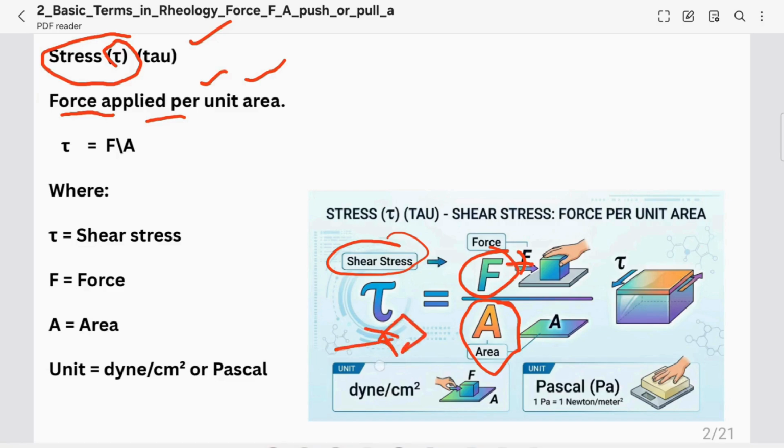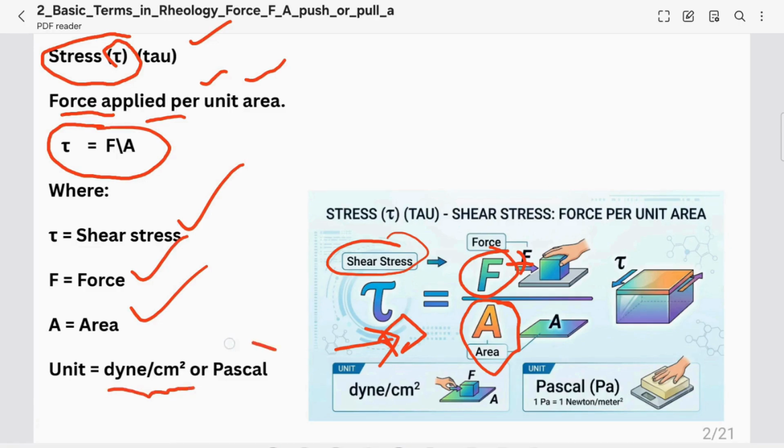So here is the equation: tau is equal to F divided by A. Here tau means shear stress, F means force, A is equal to area, and the unit used to measure this is dyne per centimeter square or Pascal.